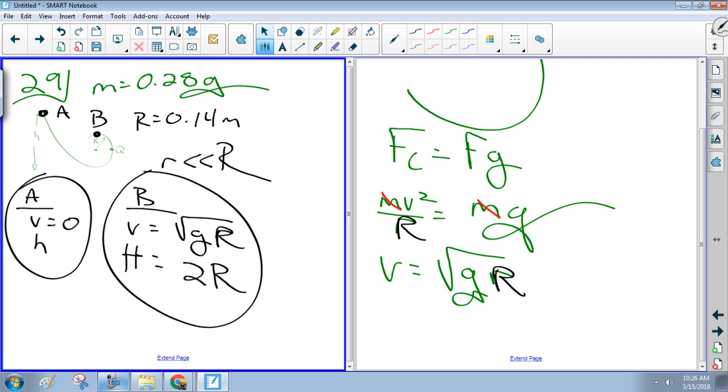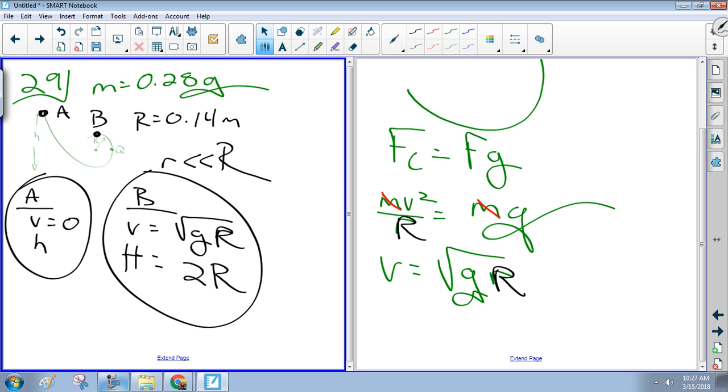The small r is effectively zero, but it says it's rolling smoothly. So despite the fact that the radius is very small, I think we still need to consider the rotational kinetic energy.